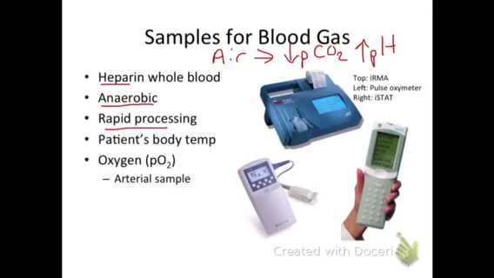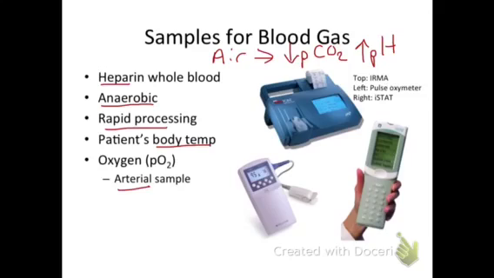Blood gas results are partially dependent upon the patient's body temperature, so the body temperature should be taken at the time of sampling and then noted on the submission form. Venous blood gas samples are acceptable for pH and PCO2 measurements, but an arterial sample is required for evaluation of the partial pressure of oxygen, or PO2.